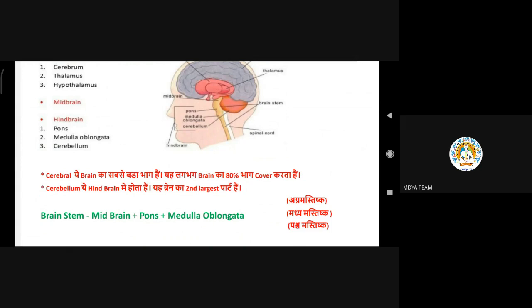There is a very important part of the brain, that is brain stem, and brain stem consists of midbrain, pons and medulla oblongata. It is a very important question: brain stem consists of which parts of the brain? It consists of midbrain, pons and medulla oblongata.